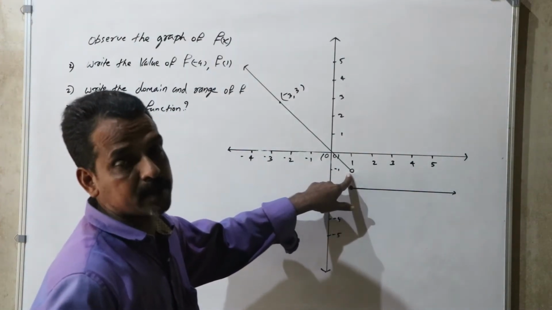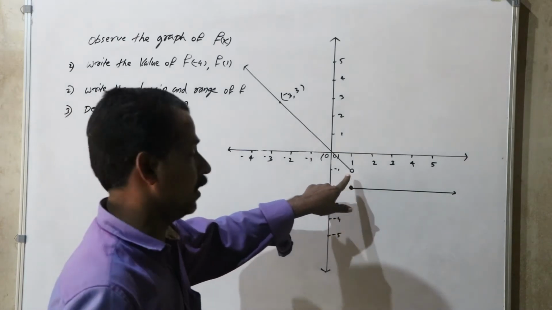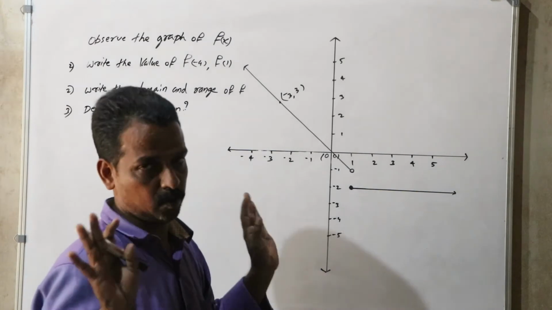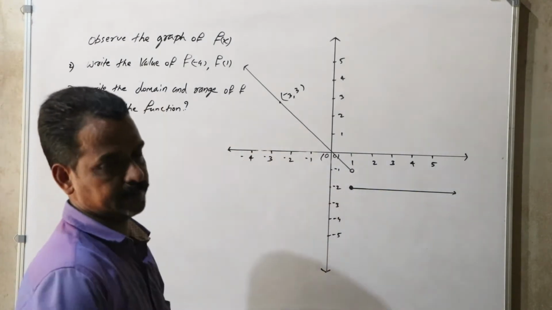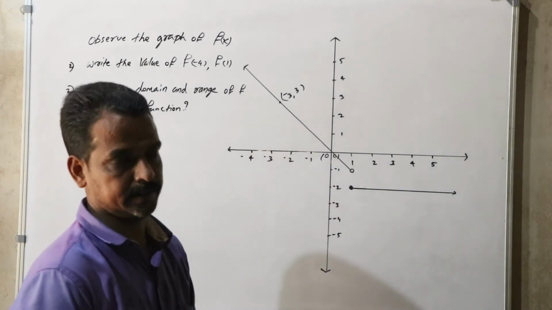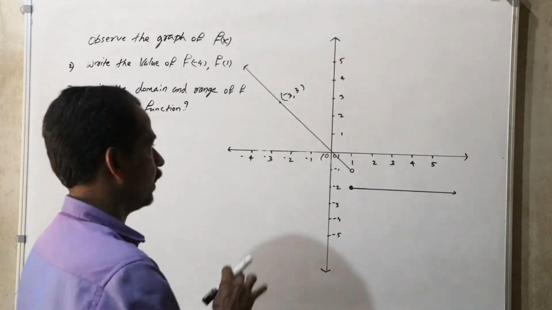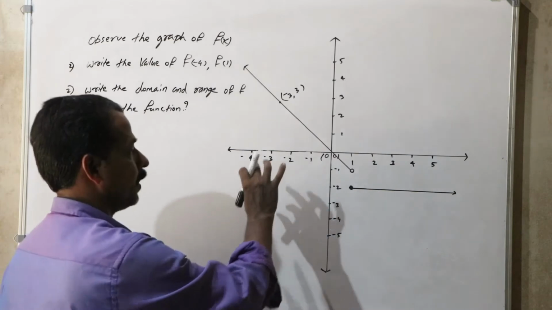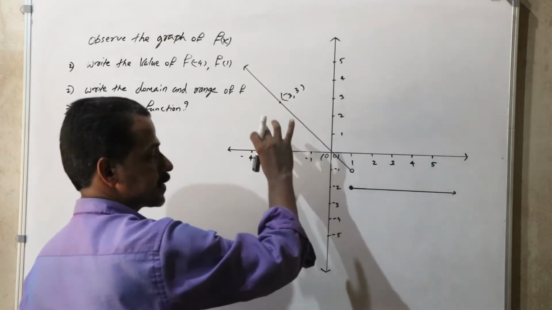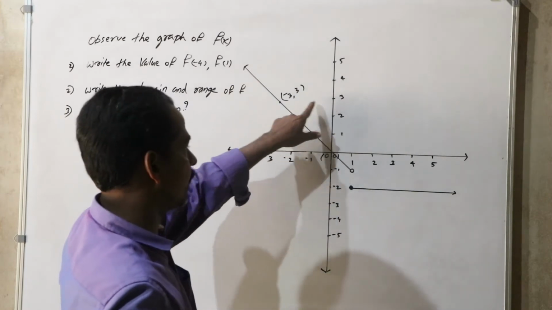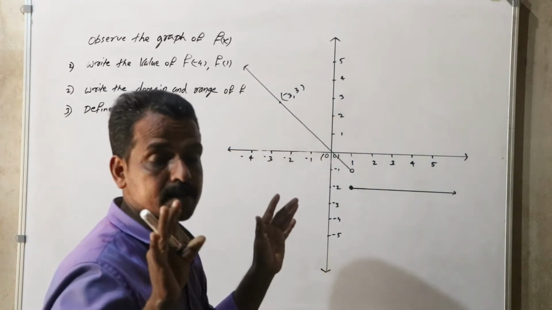The open circle indicates an open interval. 1 is not included. But here 1 is included. Look, one point is here: minus 3, 3. Minus 3, 3 indicates the distance from the x-axis is 3 and the distance from the y-axis is 3.